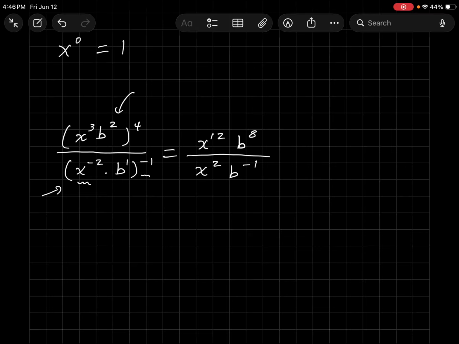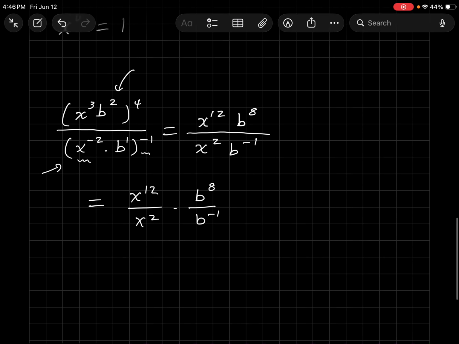Well, what can I do now? There are a lot of different things I can do. One thing I notice is that x's go with x's, b's go with b's. I don't need to mix and match them. I can do each one separately. So I could think of it like this: x to the 12th over x squared, and then times b to the 8th over b to the negative 1.